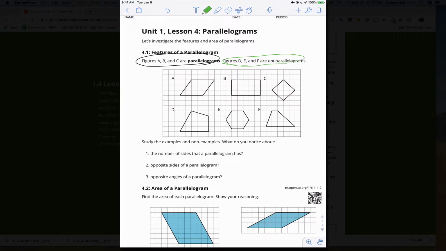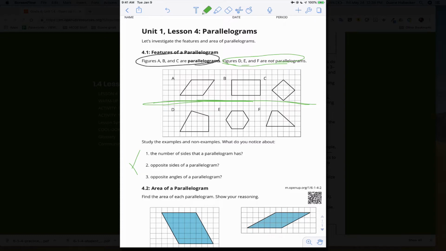So we're supposed to figure out, what do we notice about the examples and non-examples, if everything above the green line are parallelograms and everything below the green line are not parallelograms?